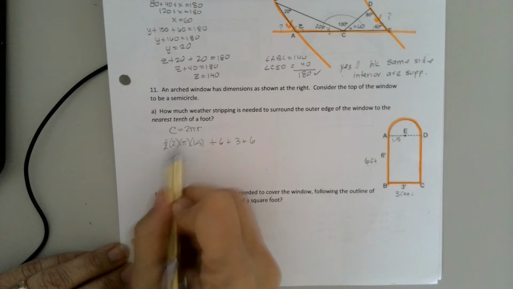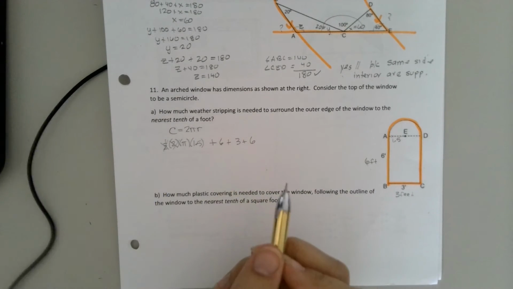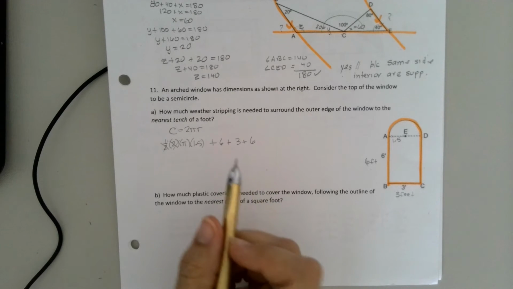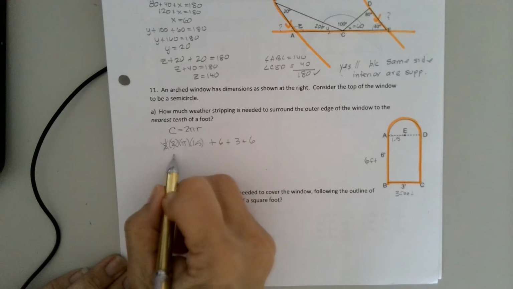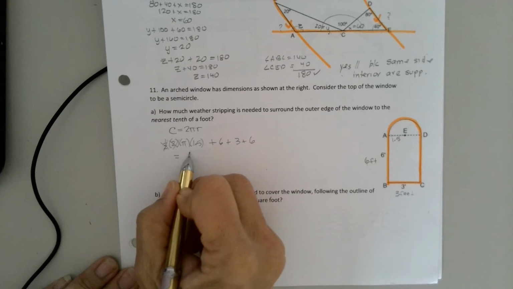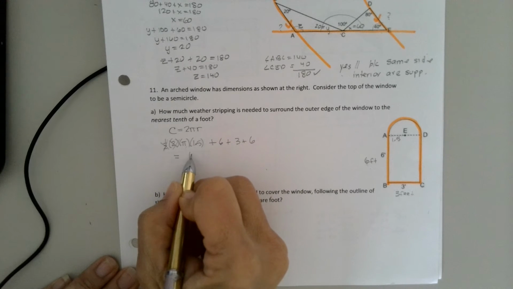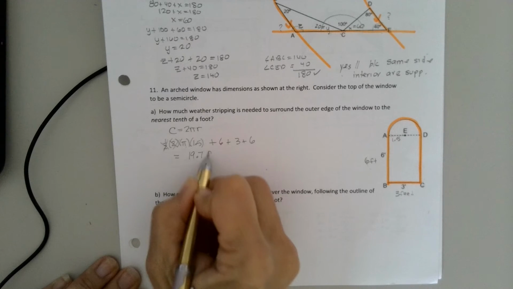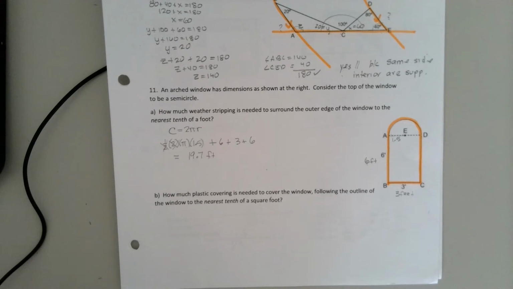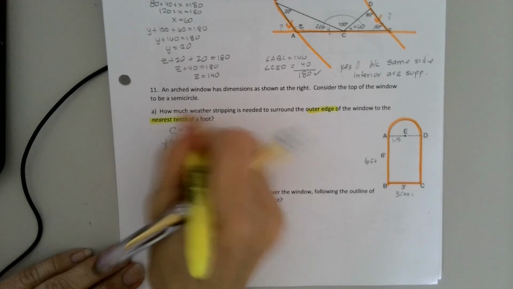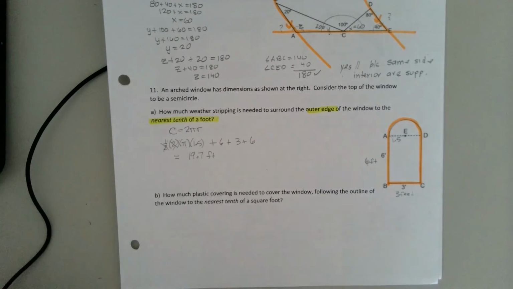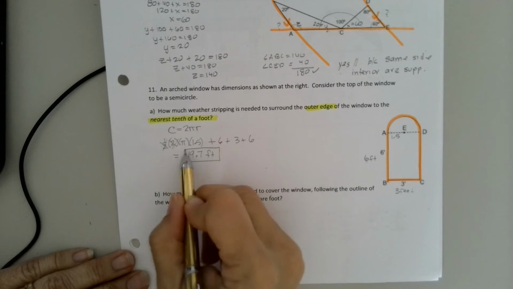So the 1/2 and the 2 cancel out, but you can also just do it in your calculator. So when I add all of these up, 1.5 pi plus all of this, I'm going to get 19.7 feet. And the question asks for the outer edge to the nearest tenth of a foot. So this is my answer.